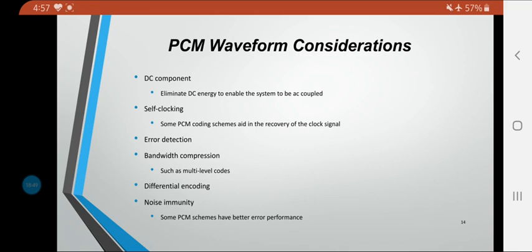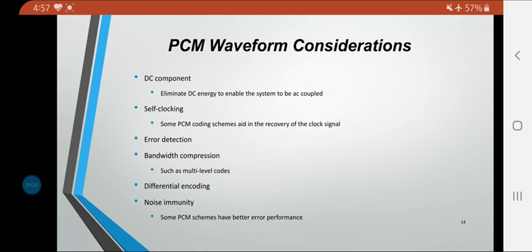Then we have noise immunity. The various PCM waveform schemes have better error performance. How do they have better error performance? The different PCM waveform types are further characterized by the probability of bit error versus signal to noise ratio. These schemes are very much immune to noise.